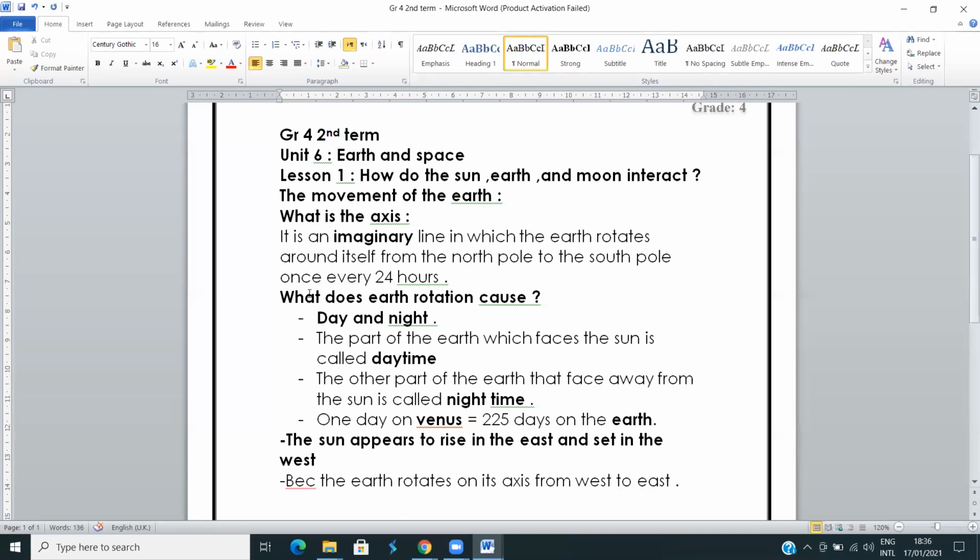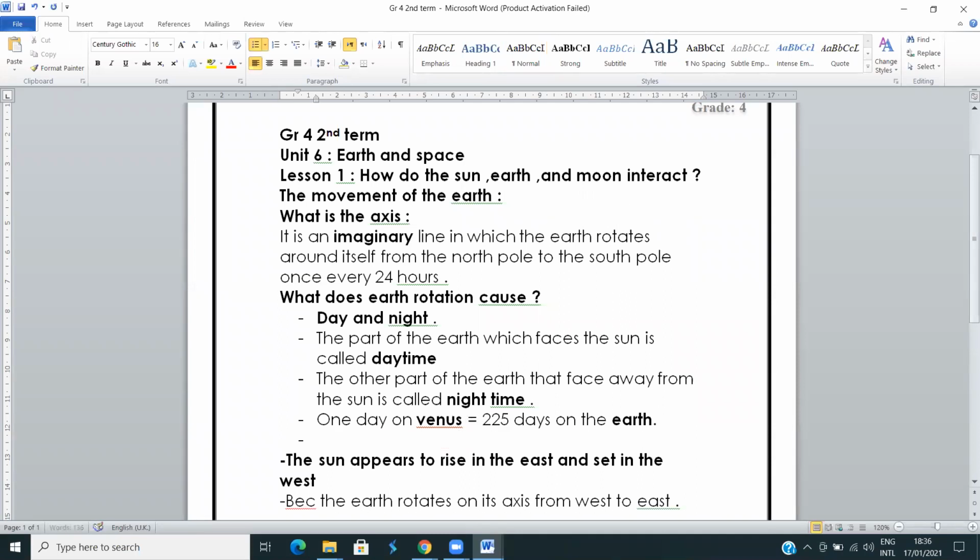At the same time, the day on Venus is equal to 225 days on Earth. So the day on Venus is different from the day on Earth. Why? Because each planet, what are planets? They are dark bodies which revolve around the sun, like Earth, like Mars, like Jupiter.